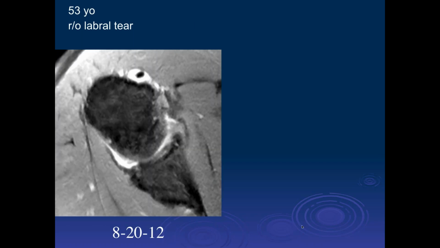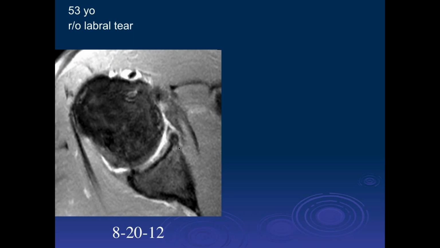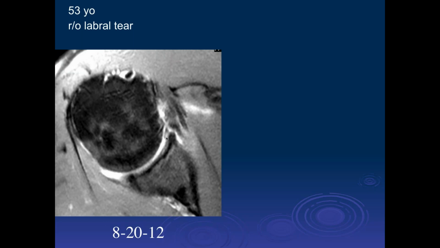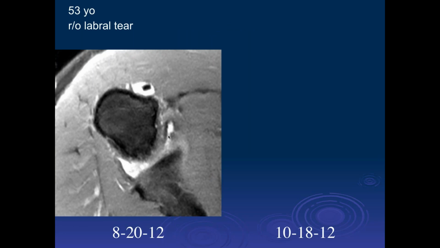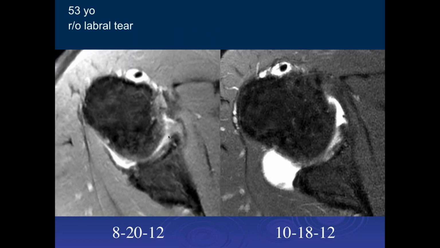Go back here. Here, certainly this is suspicious right here. Yeah. And then you got this thing right there, and this right there as well. This might actually be bony here, and then up, and then we got signal there. So that's 8/20/2012, and this is 10/18/12. So this is 2 months later.